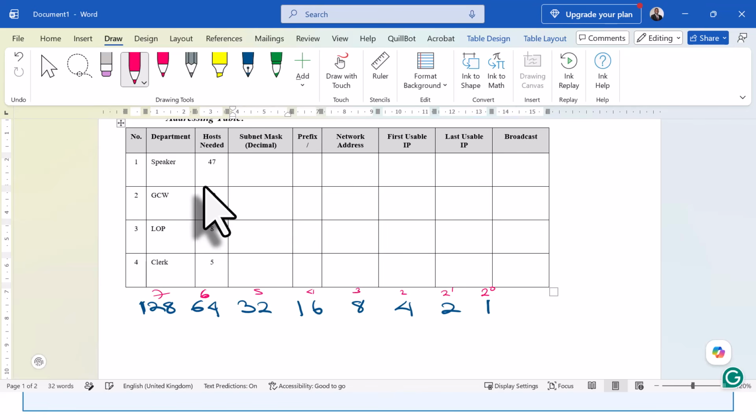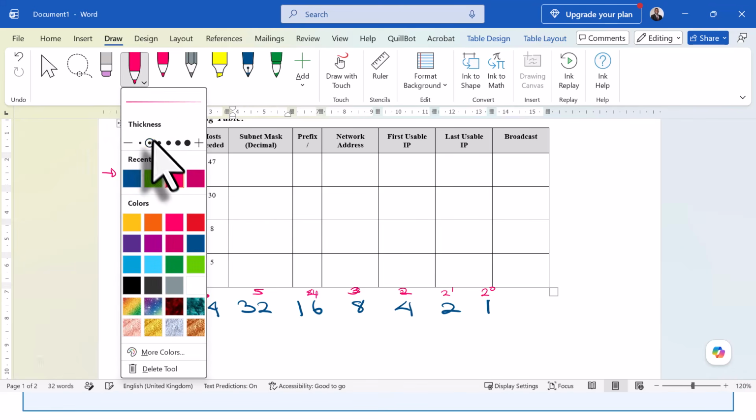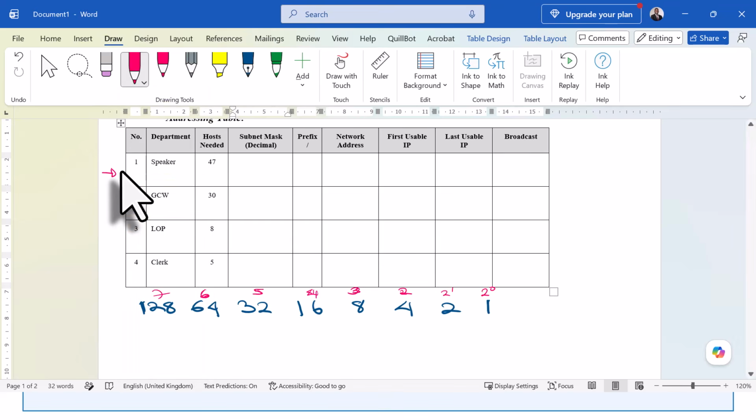This is ideally what we have. This scale should always be at your fingertips as good network engineers. Now, we look at our first network that we need to subnet, the one for the speaker. They want us to give it 47 users.